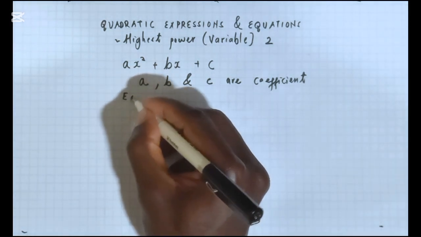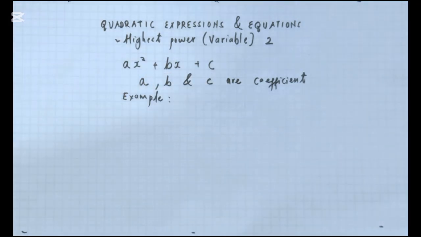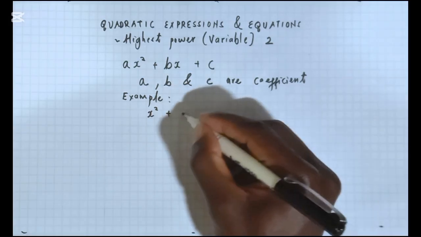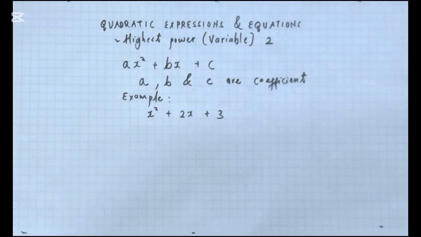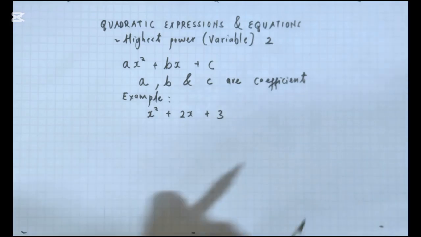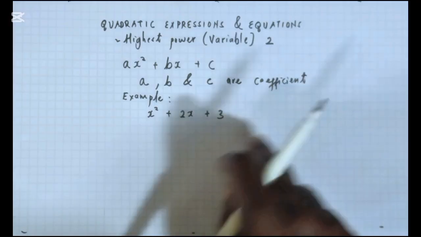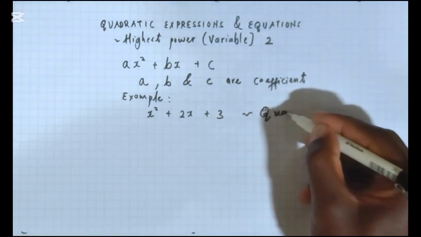Let me just state it out. An example of a quadratic expression would be, let's say, x squared plus 2x plus 3. Okay, so x squared plus 2x plus 3. In this particular case, this here would be called a quadratic expression.